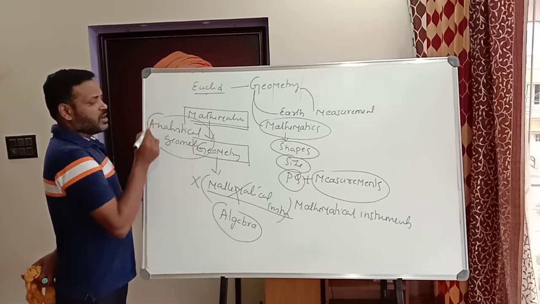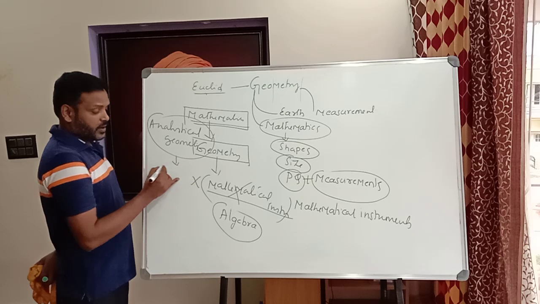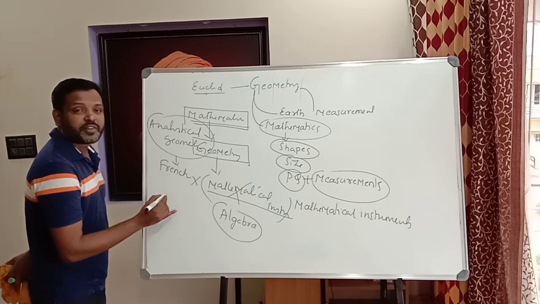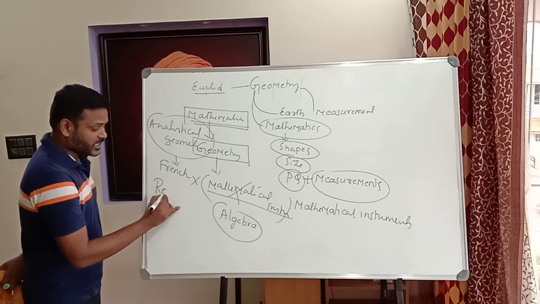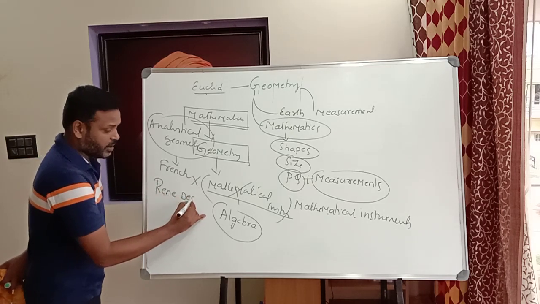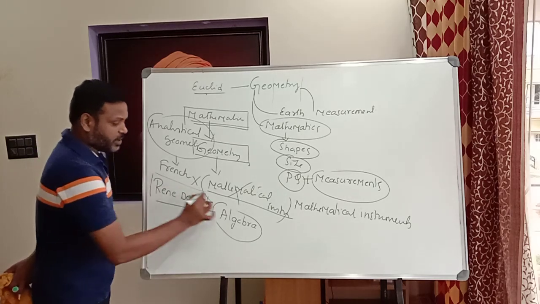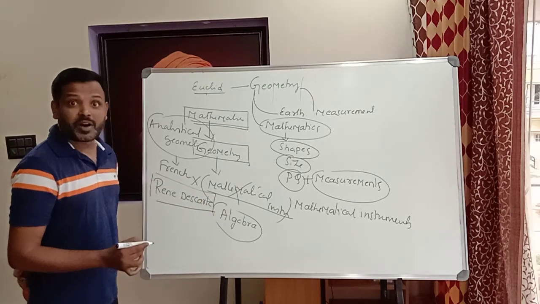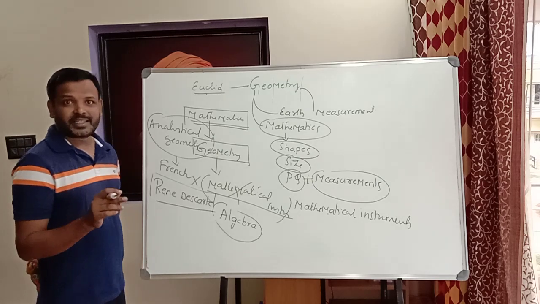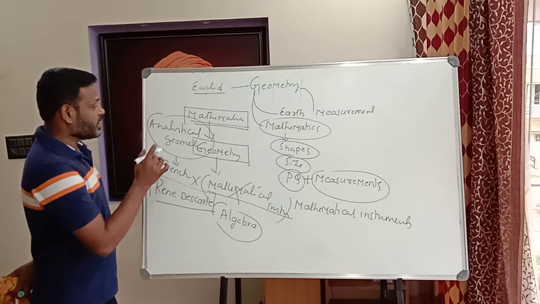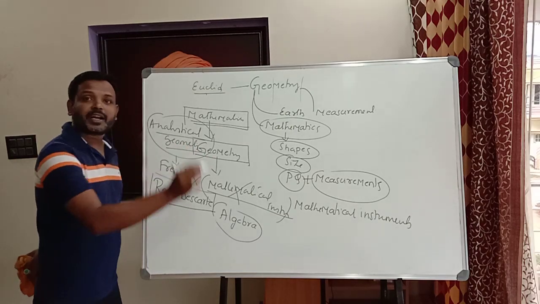A famous French mathematician, who is the French mathematician? René Descartes. Listen carefully. A famous French mathematician René Descartes suggested, developed and contributed a lot to the development of analytical geometry.